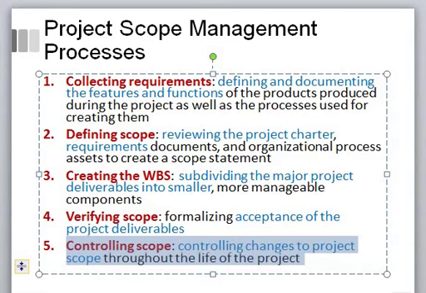Then you need to define the scope with the help of the project charter, documented requirements, and organizational process assets. Next, you will create the work breakdown structure in which you break the larger units of the project into smaller manageable units. Then you will formalize the acceptance of the project deliverables, and this is called verifying the scope. And controlling the process of change throughout the life of the project is called the controlling scope process.